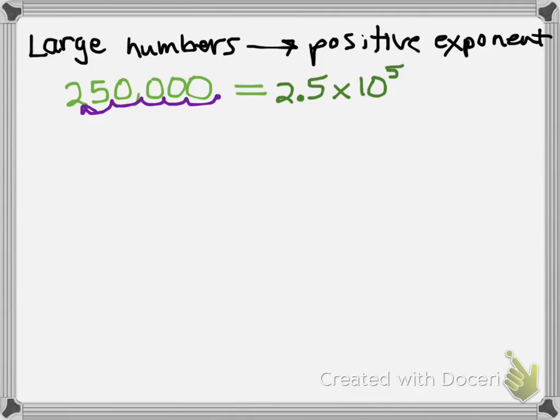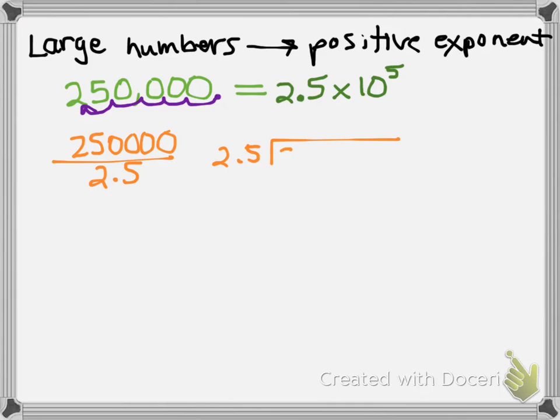Now where does that 10 to the 5th power come from? So remember what they talked about in that step-by-step. They said take the original number, divided by the decimal that you get, and see what you get left behind. So move the decimal over once, move it over once, put in a 0, and then this is where the decimal point belongs.